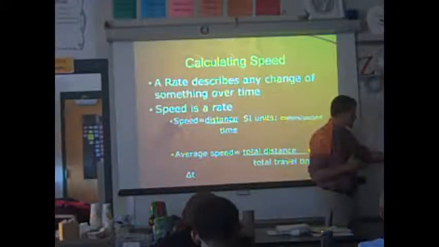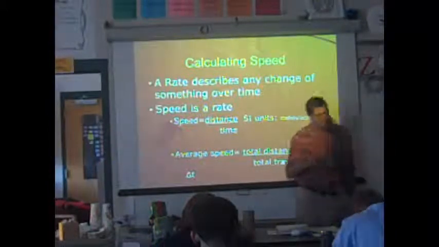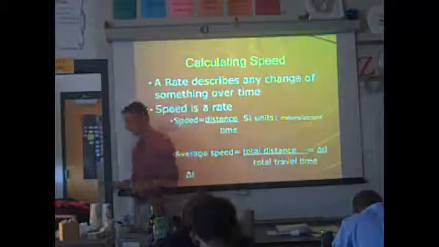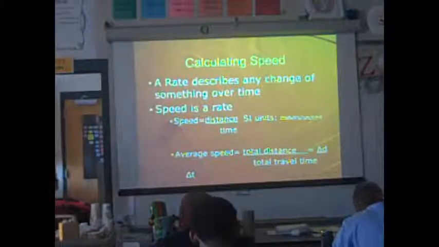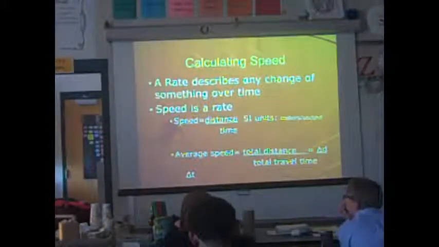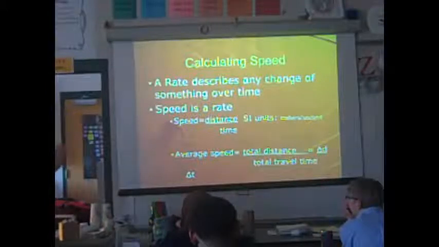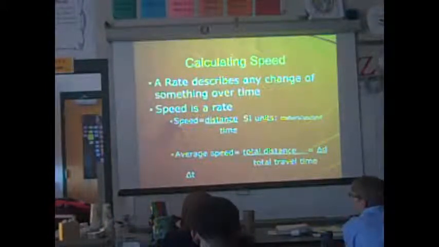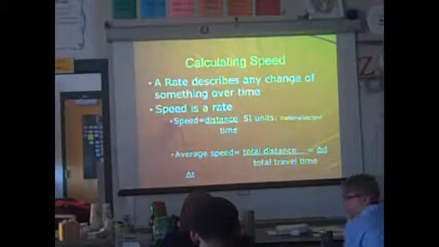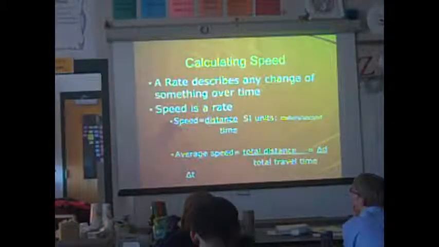Okay? So the delta is change. So if I leave the school at, let's say, 4 o'clock, and I get home at 4:15, what is my delta T? 15 minutes, right? Now, if that distance is 1 mile, then my delta D is going to be 1 mile, right?